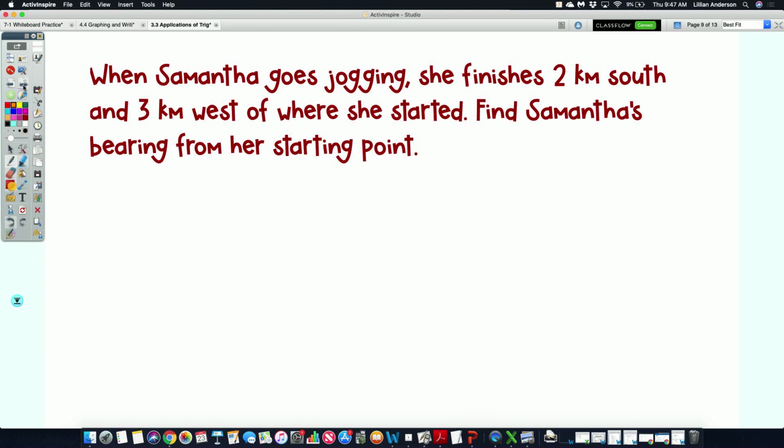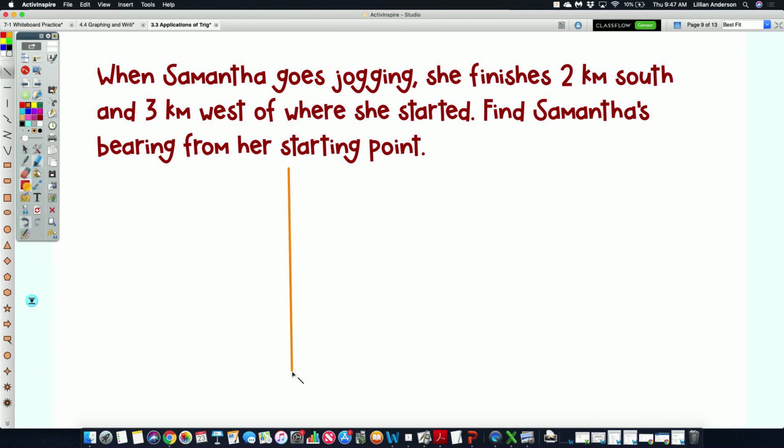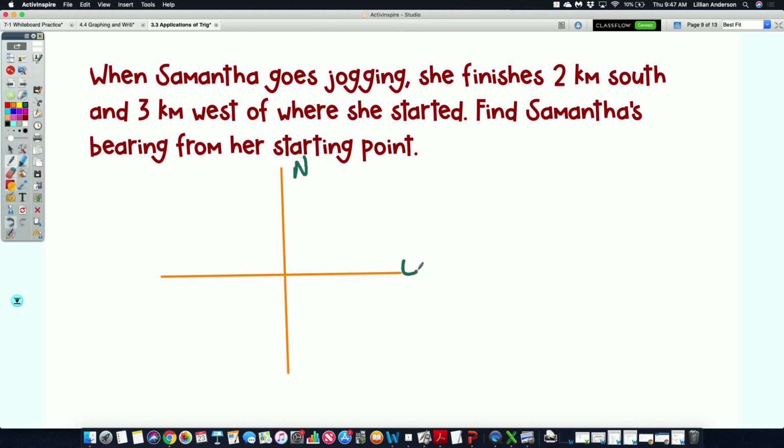When Samantha goes jogging, she finishes 2 kilometers south and 3 kilometers west from where she started. Again, we're looking at compass points here: north, east, south, west.